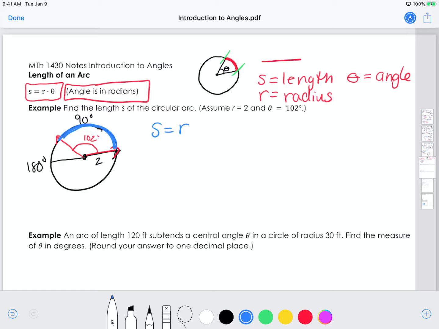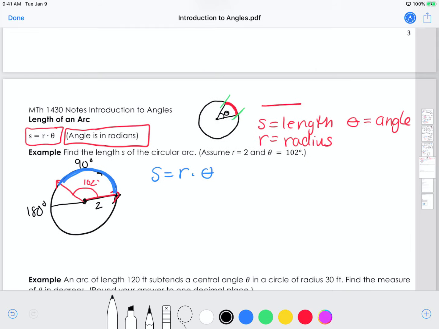So we're going to use the formula. S equals radius times your angle. But your angle has to be in radians. So I'm going to take 102 degrees and multiply it by pi over 180 degrees. That way I can cross off my degrees and be left with just radians.